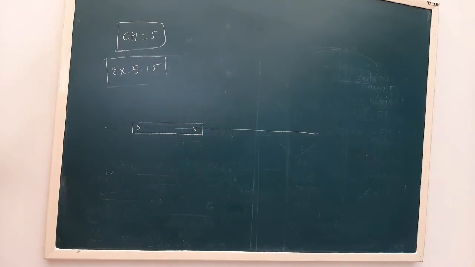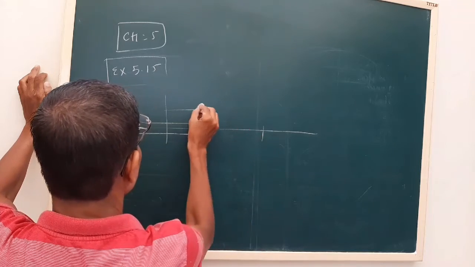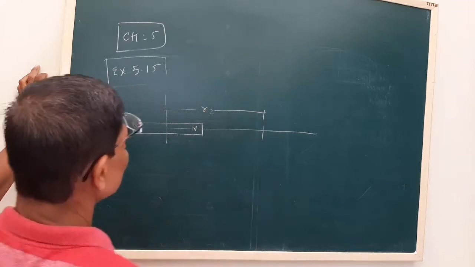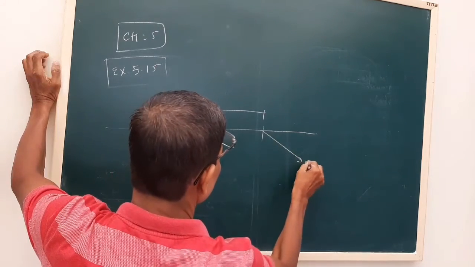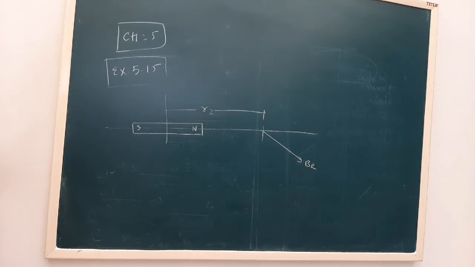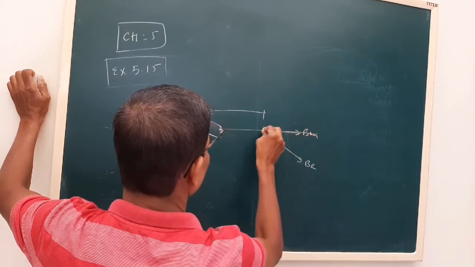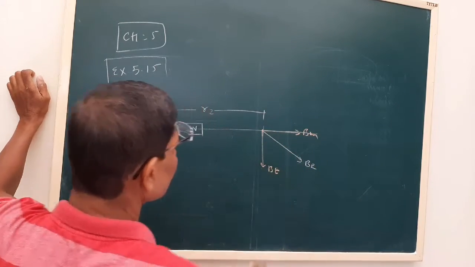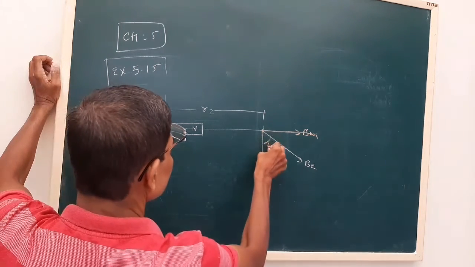Somewhere here, let us say at distance r from the center, we can say r2, the resultant magnetic field Br, with Bm and Be. See, the angle again is 45 degrees.